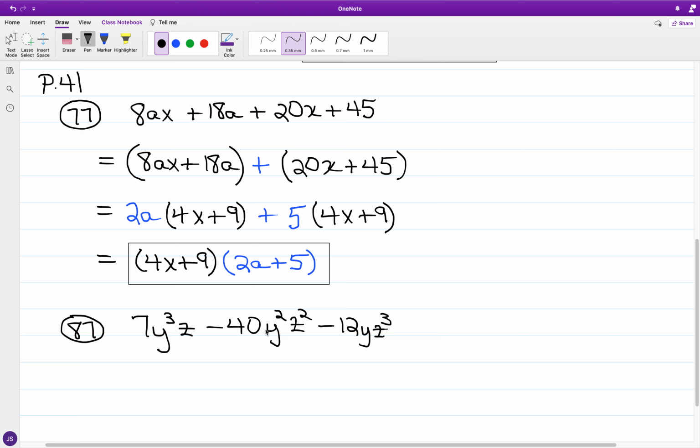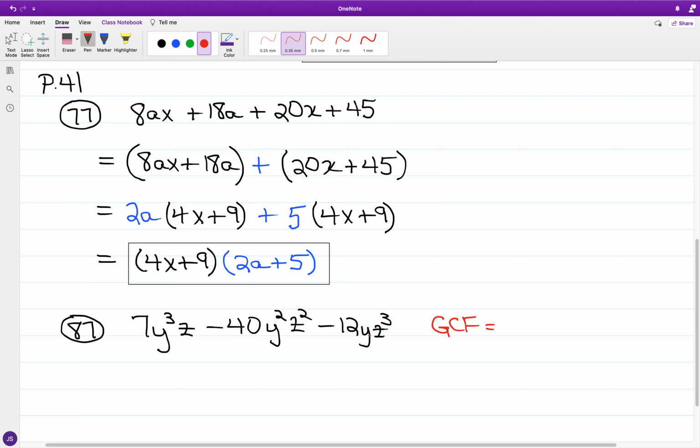But before we do this, with the earlier examples, we didn't have to worry about this. But for what we have for this particular trio, among others, there's the greatest common factor that you'll be looking at drawing out. Notice that all these terms have the letters y and z involved. And for the greatest common factor, you'll be looking at the lowest degrees of each of the common variables.